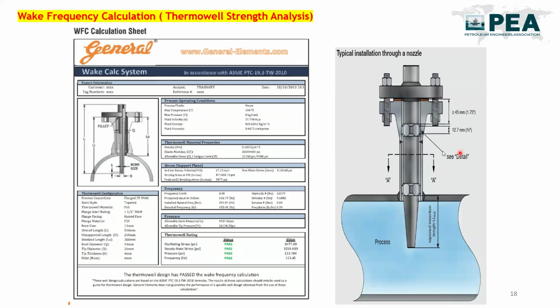So if the thermowell you have selected fails in your process condition, then you need to change your thermowell dimension and their metallurgy. How we will change the dimension and the metallurgy, we will discuss in detail in the class while we take the temperature instruments class in our instrumentation design training.